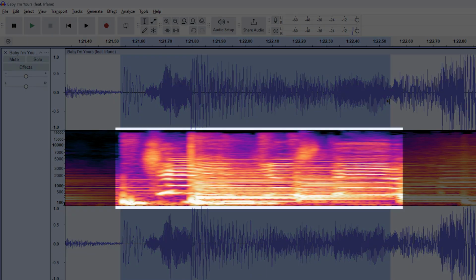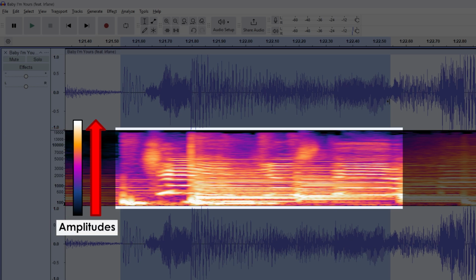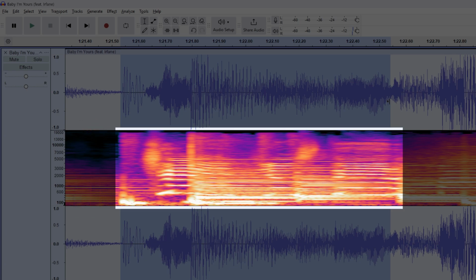The second way is with a spectrogram, which we looked at in the previous episode. Remember that here we have time on the horizontal axis, frequency on the vertical axis, and the amplitudes represented with colors. So, a spectrogram goes from left to right just like a wave, but it shows you the components separately.